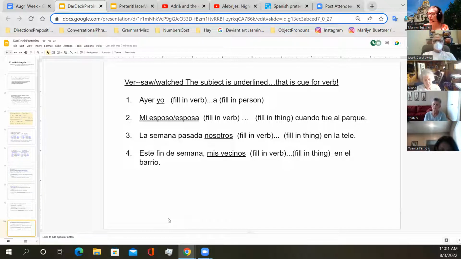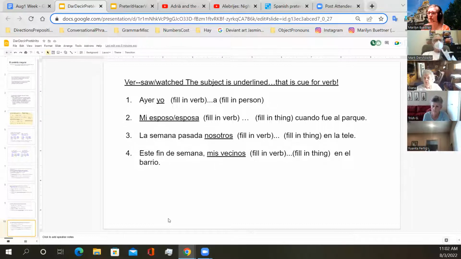Un ejemplo más. Ver. We're going to squeeze this in just a little bit. 5 minutos. And again, it's short because I am not really normally adding on an extra pronoun. I mean, I could for a direct object, but I don't need to. I saw something. She saw something. We're going to be mentioning the thing that we saw. Okay. Ayer yo vi un correcaminos.